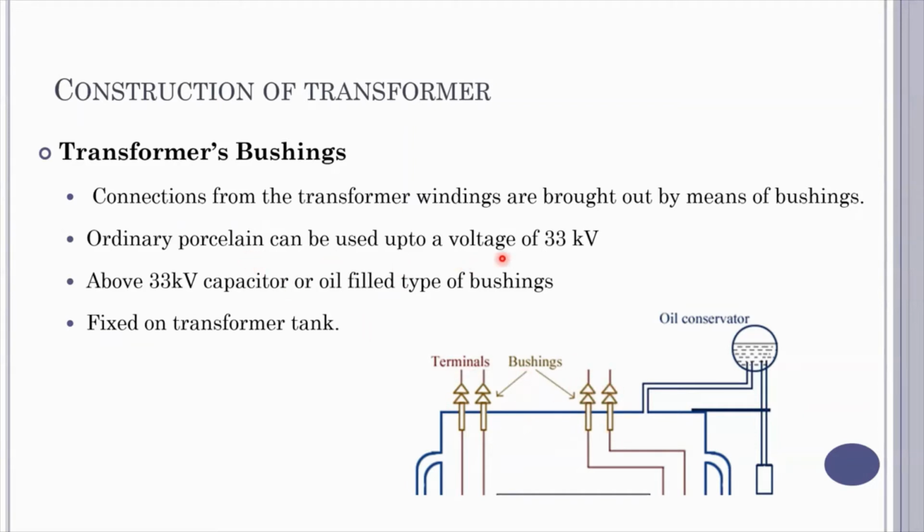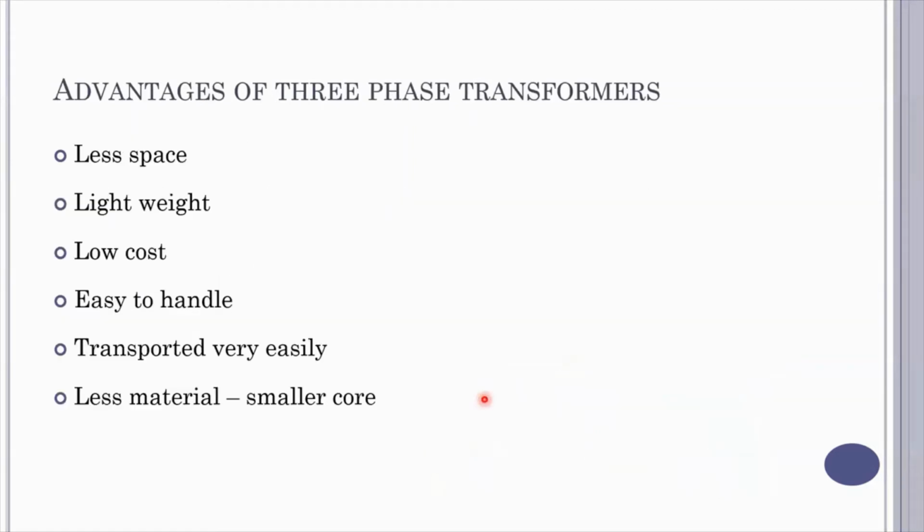In case of voltage up to 33 kV, we use ordinary porcelain. And if we have voltage above 33 kV, then we have oil filled type bushing or capacitor type bushing. And it is fitted to the transformer tank.